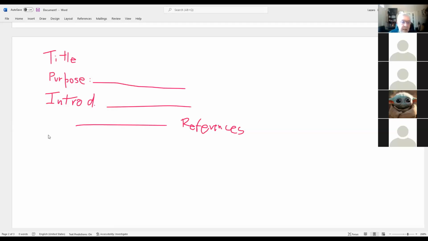Later, the procedure. Well, what I recommend for the procedure is to write direct commands. For example, weigh the metal cylinder using a scale.